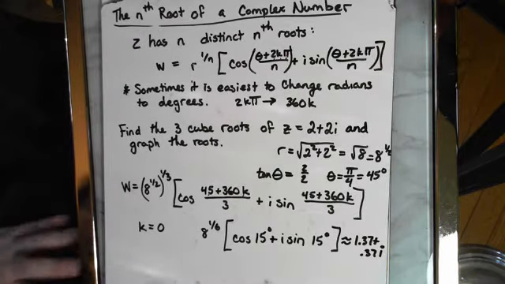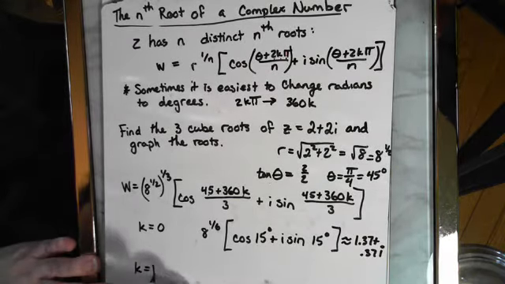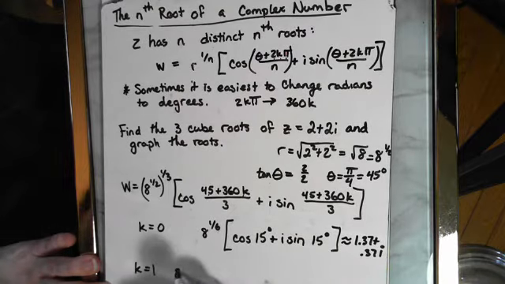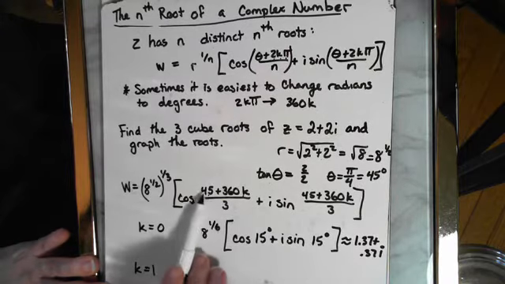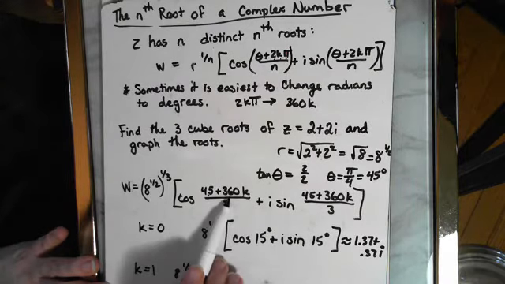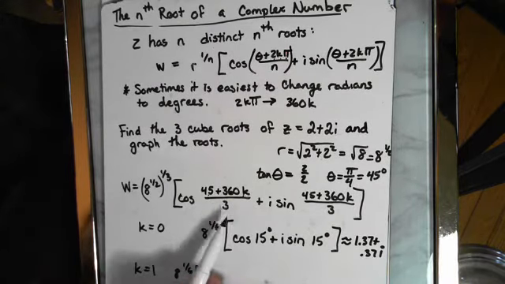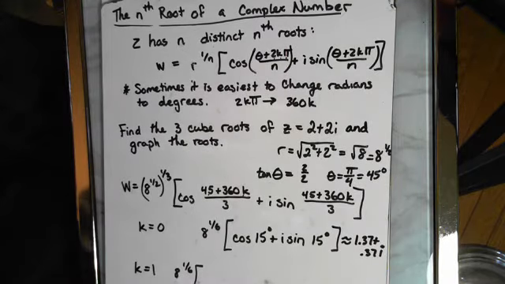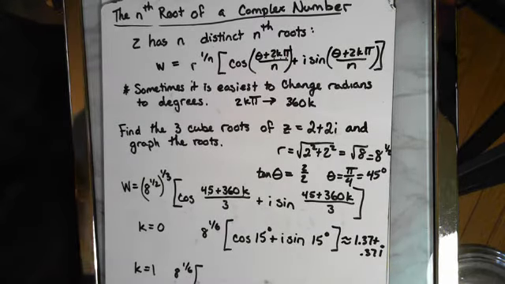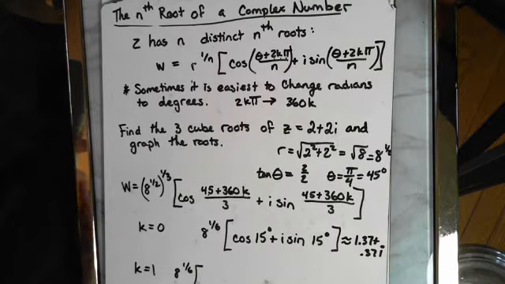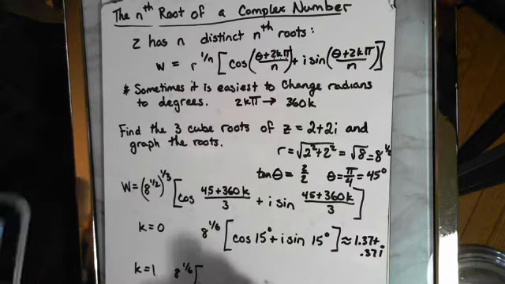Okay? Now with k equaling 1. I'm still going to have 8 to the 1/6 power times the cosine. Now what's going to happen is I'm going to have 45 plus 360 times 1 and divided by 3. So from my calculator, I know that that comes out to be 45 plus 360, which is 405 divided by 3, which is 135.